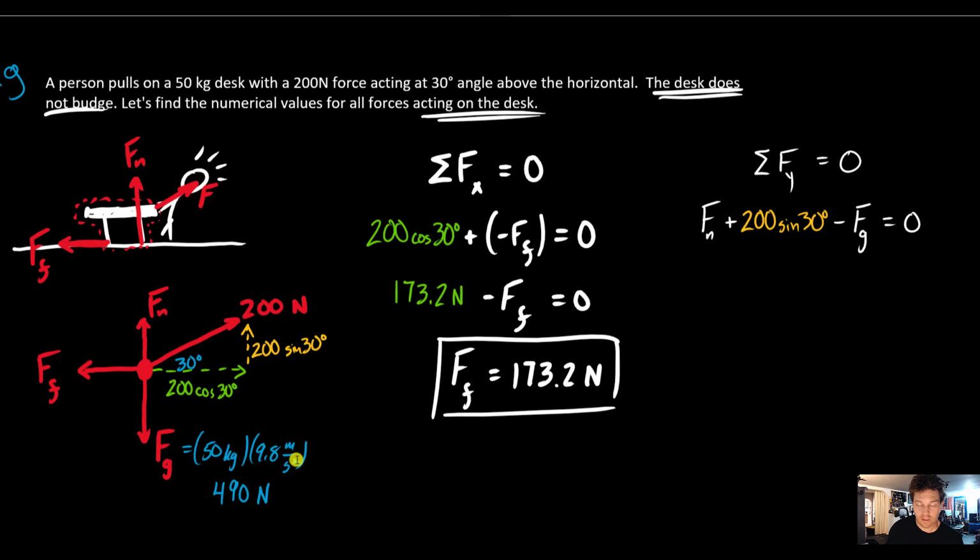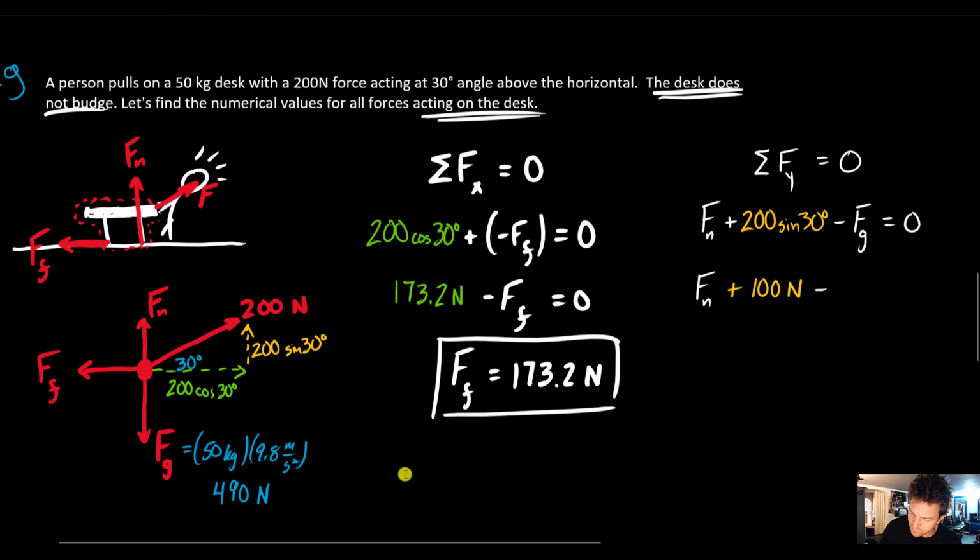So now let's plug in everything that we know. We don't know normal force. We do know that 200 sine of 30 is 100 newtons. Again, you easily just plug that into a calculator. And we know that the force of gravity, like we said down here, is 490 newtons. And all of that equals 0.